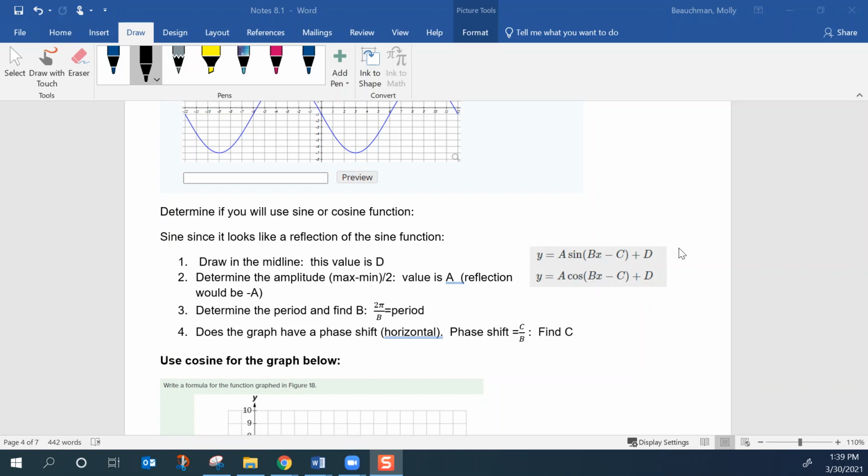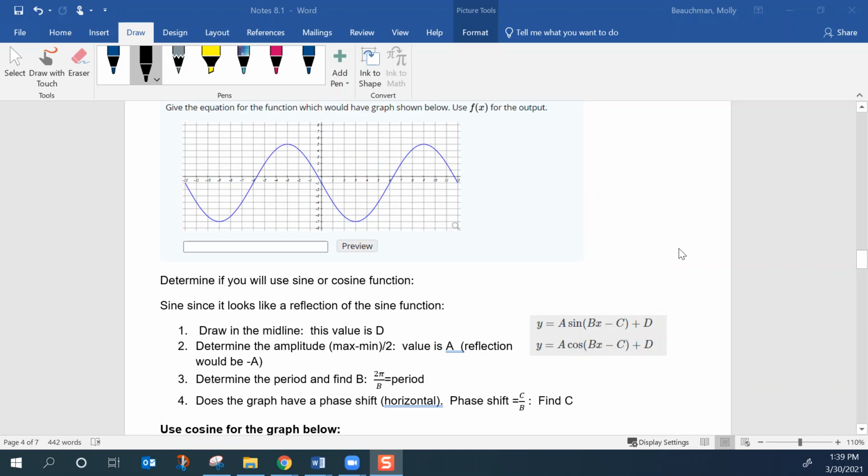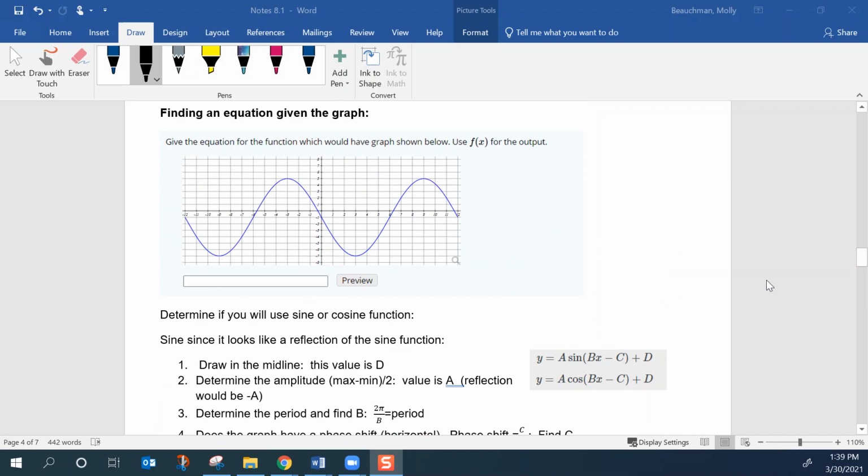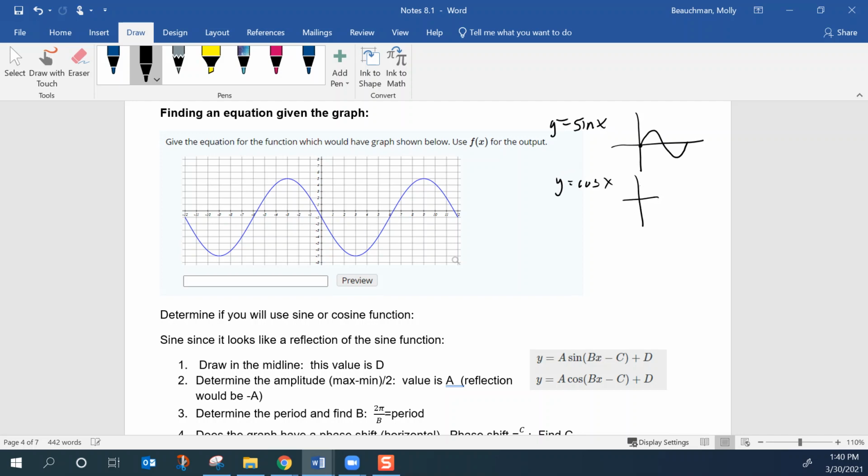If we take a look at the graph that we're given, first of all, determine if you want to use a sine or cosine function. Just a reminder, your sine function starts at (0, 0), and your cosine function starts at (0, 1).